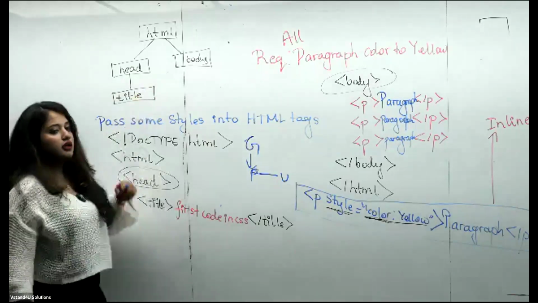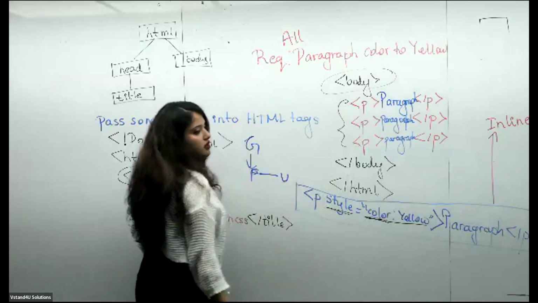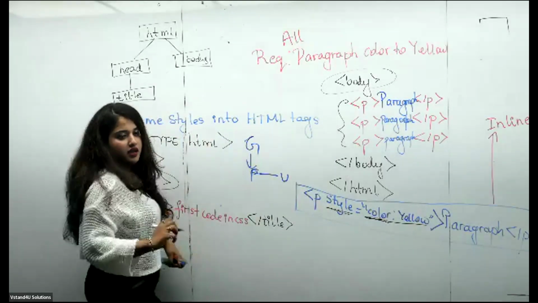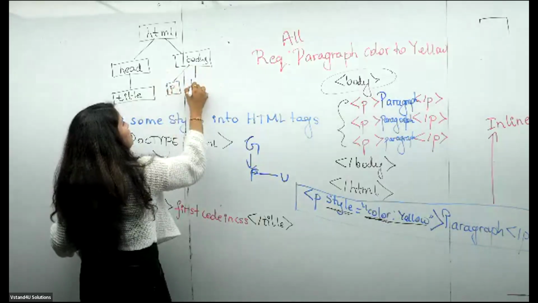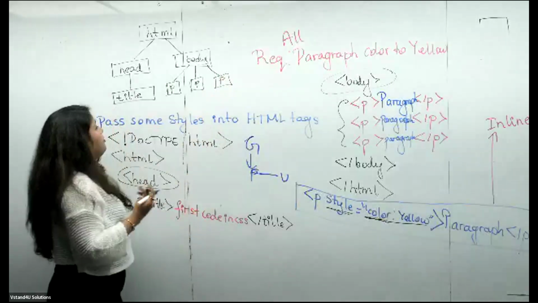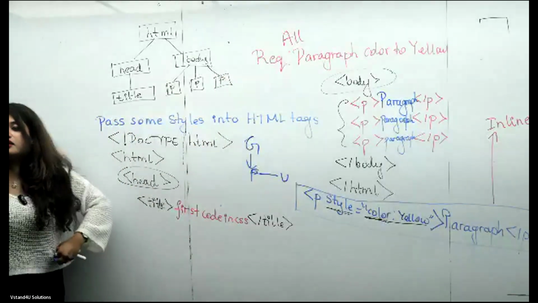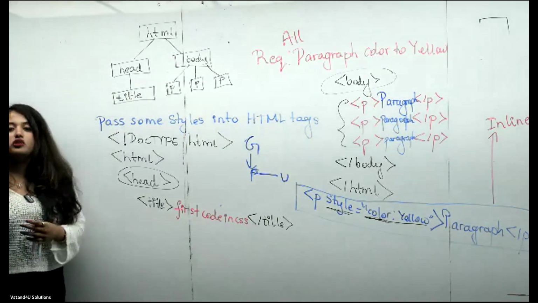For body, what is written inside this body tag? How many paragraphs? 3 paragraphs. So for this body you have 3 paragraphs.